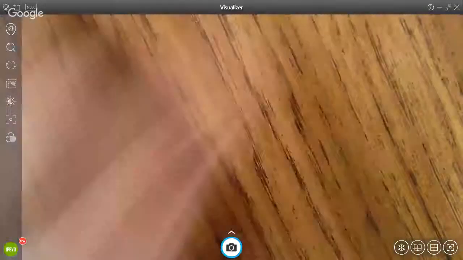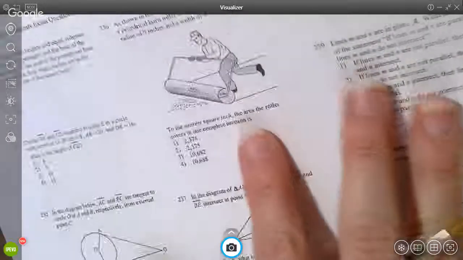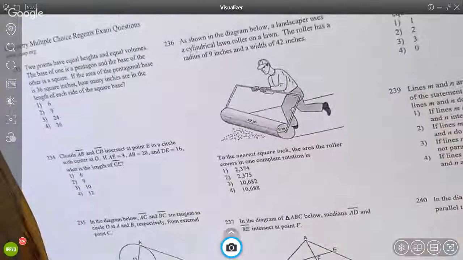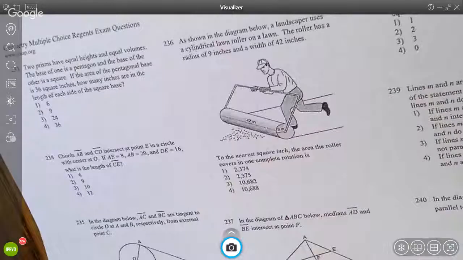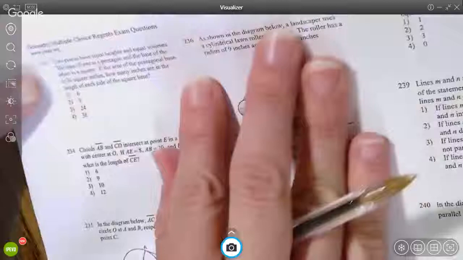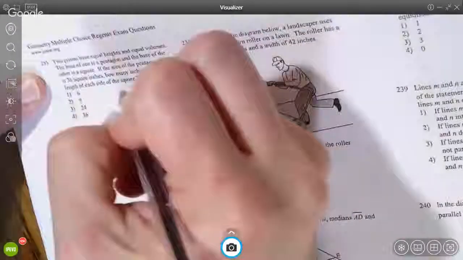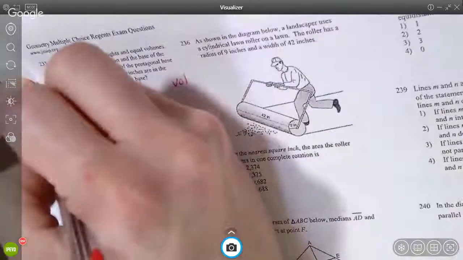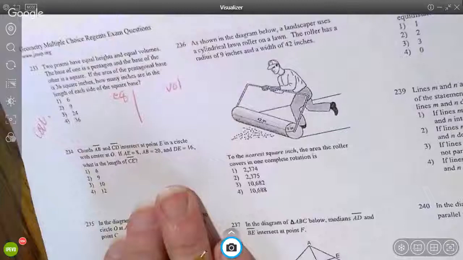Next page, 233. Two prisms have equal heights and equal volumes. So right away, we're probably going to do something with Cavalieri's principle.